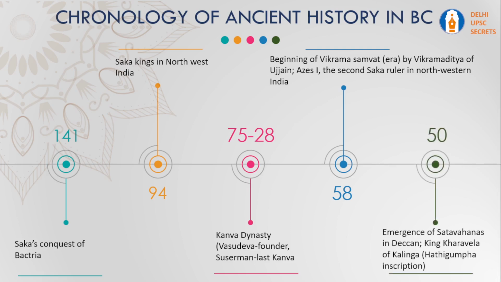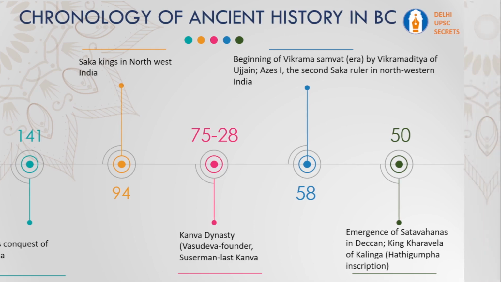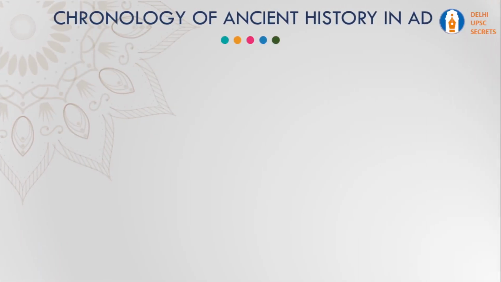Then 50 BC is the period of the emergence of the Satavahanas. In northern India we see Shakas, Sunga, Kanva, and in southern India it was the rise of the Satavahanas. King Kharavela of Kalinga and the Hathigumpha inscription, all these were happening in this period, that is 50 BC.